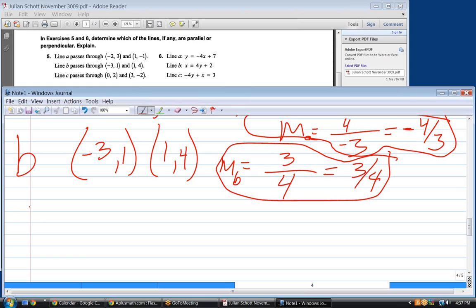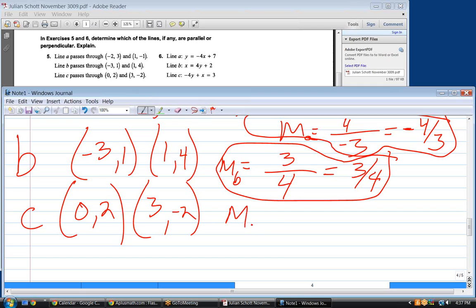Now let's look at C. What's the slope here? 4 over 3. Okay, now you can't switch them just because the math is easier.